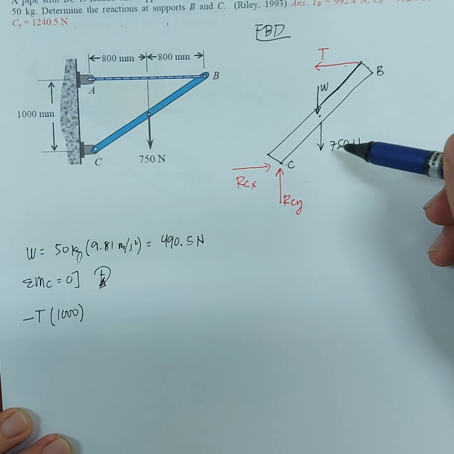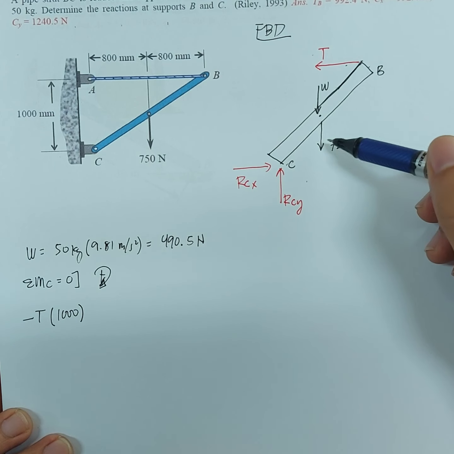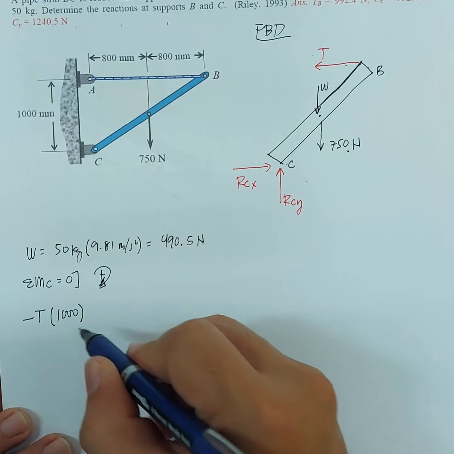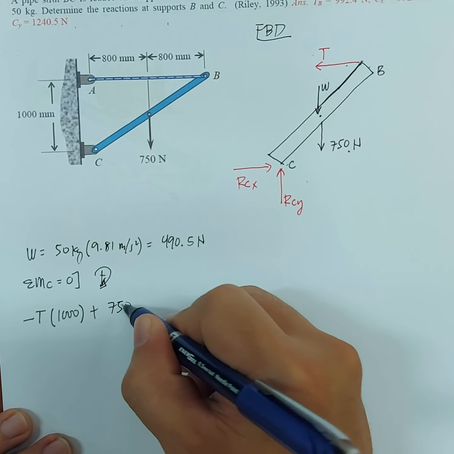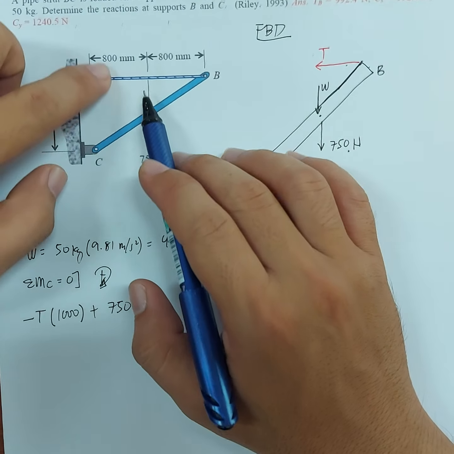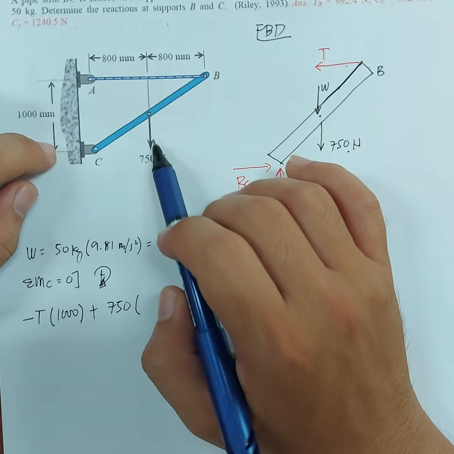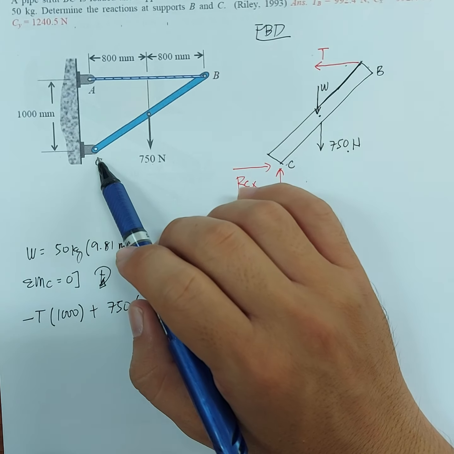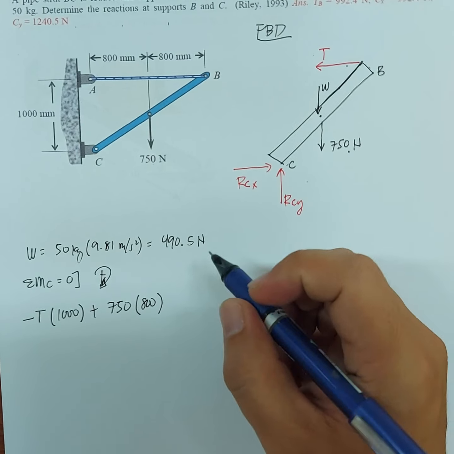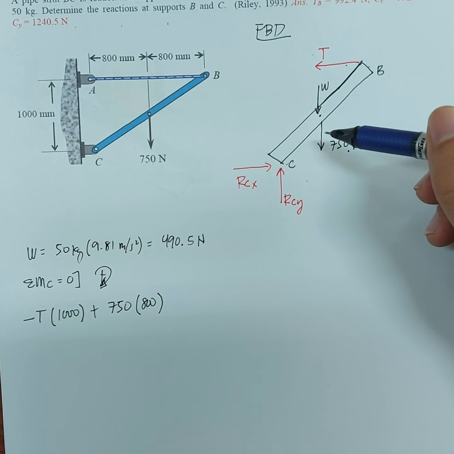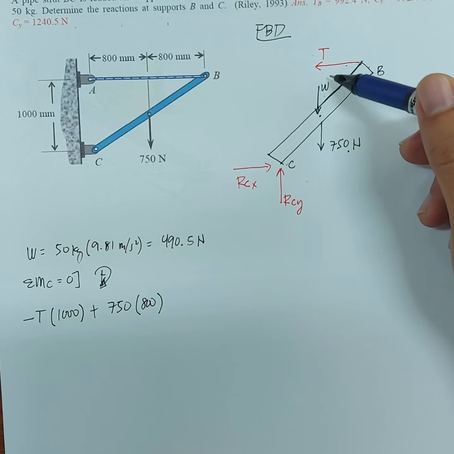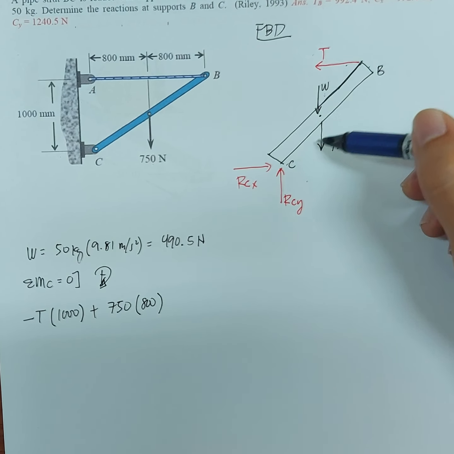Next, syempre may moment din yung 750 Newton force, which is clockwise. Yung rotation niya about C, so plus 750 times its moment arm about C, perpendicular distance between these two. Line of action ng 750 Newton force sa may C. So that is 800 millimeters. Next, may moment arm din yung weight na nasa center of mass or centroid ng strut.